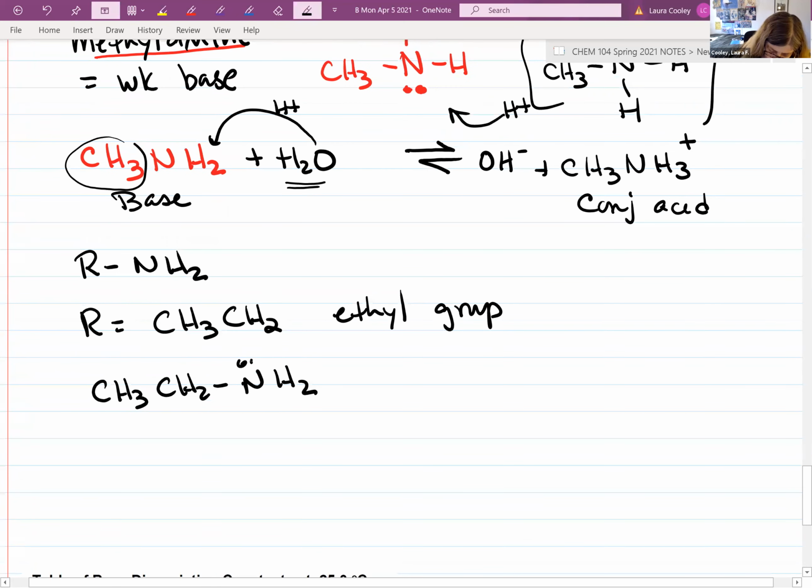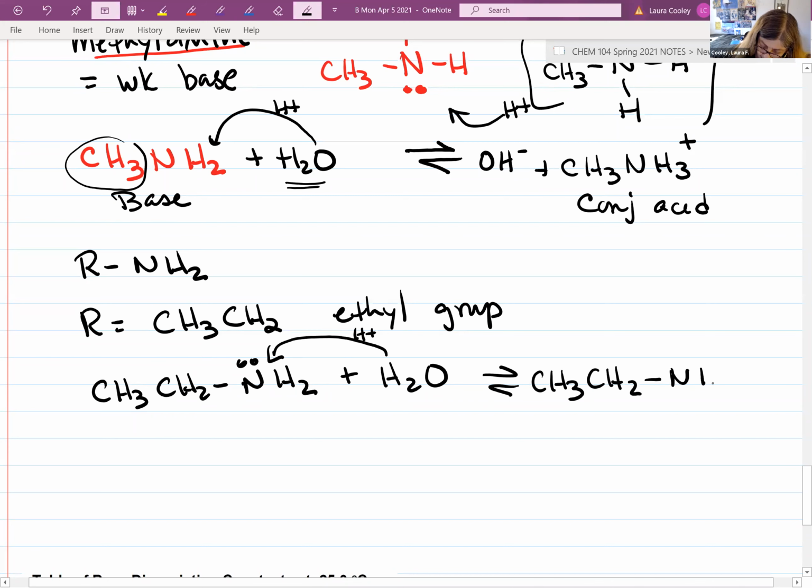Again, this lone pair can accept a proton, so plus H2O to accept a proton from water. Let me draw it that way. H+. It gives CH3CH2NH3+ OH-. And now this has a positive charge.